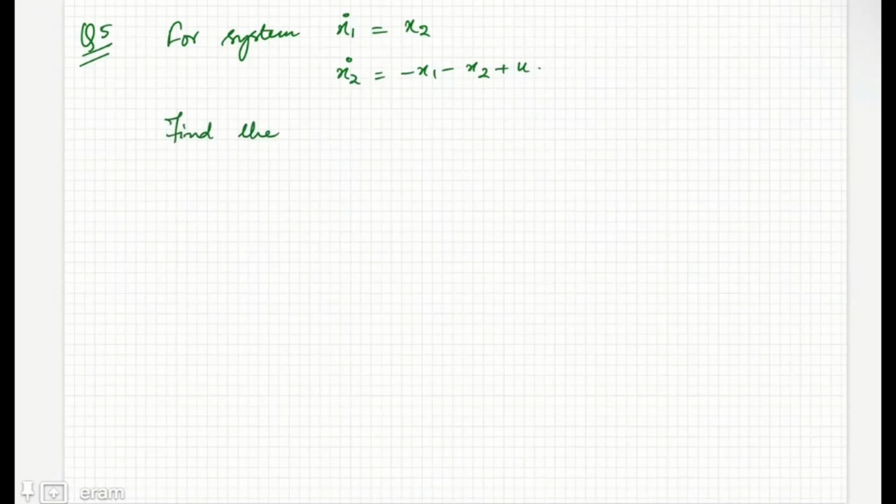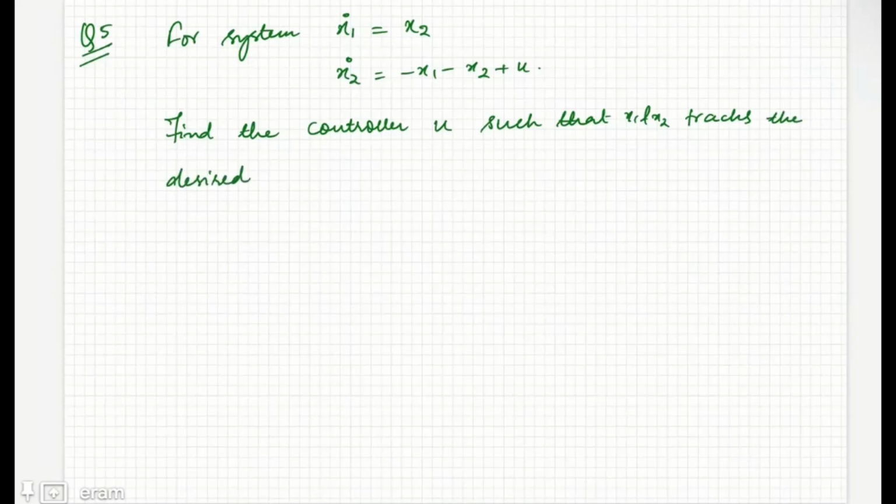Find the controller u such that x1 and x2 track the desired signal, where x1 desired is half and x2 desired is 0. So for this we use Lyapunov.